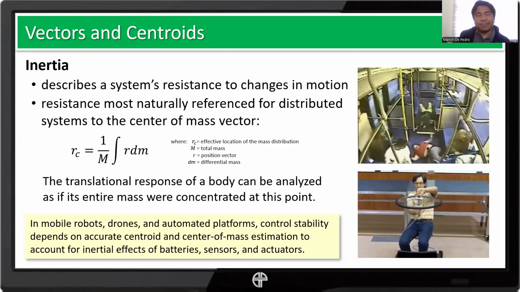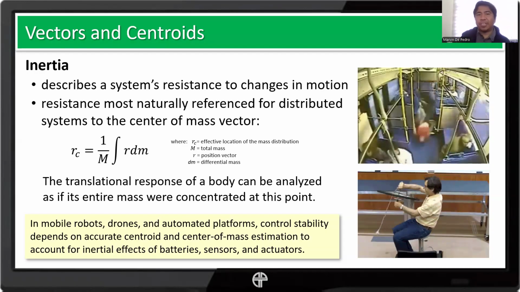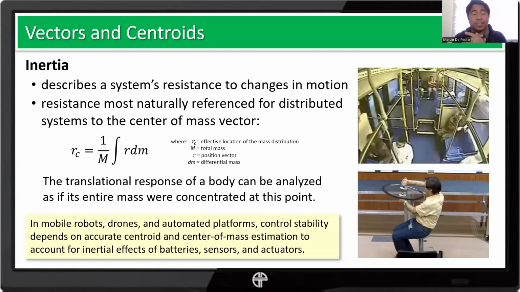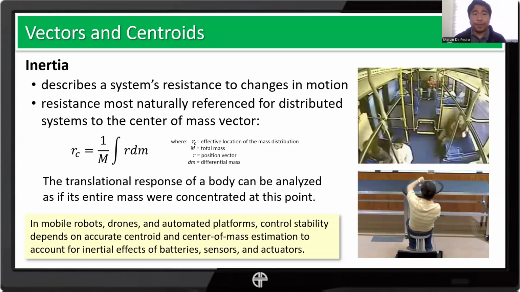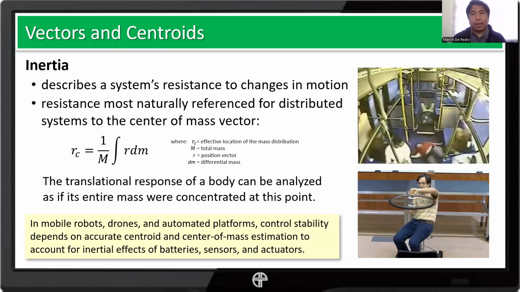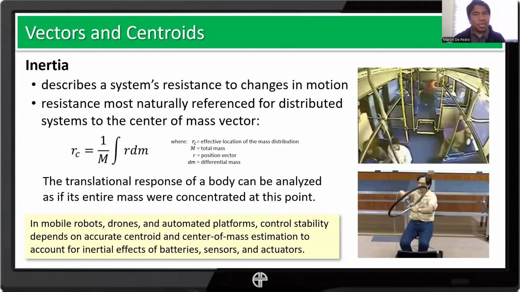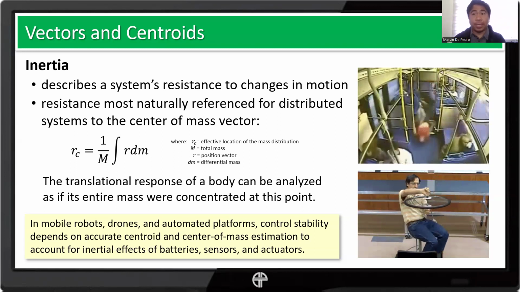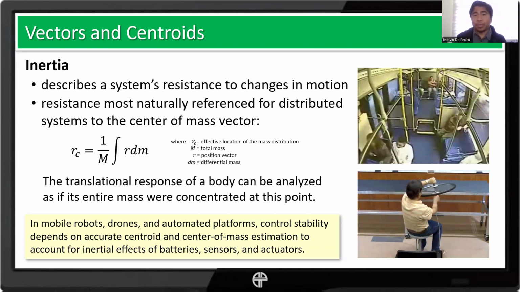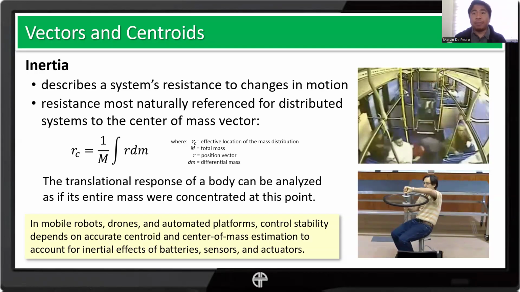Inertia is also considered to be the resistance most naturally referenced for distributed systems to the center of mass, or the COM vector. So if you're talking about inertia, you have to understand first what a COM, or the center of mass, is, or for simplicity, the centroid.